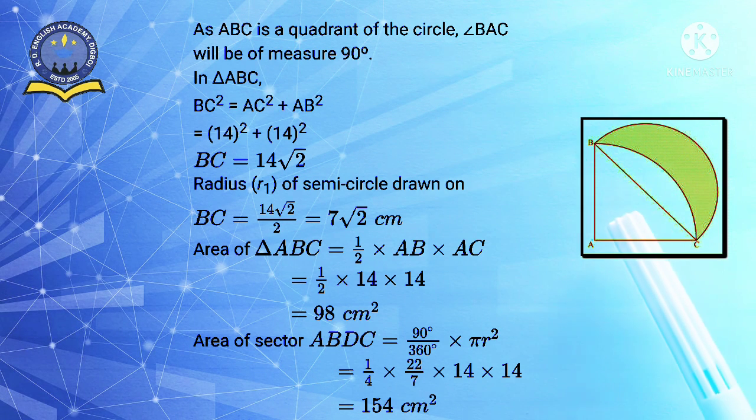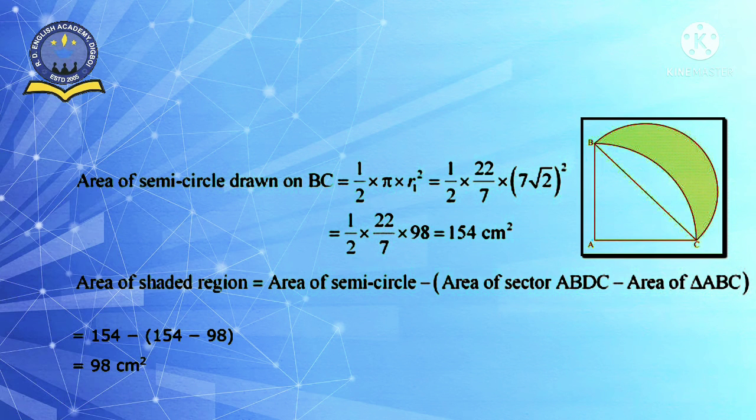Now from this sector, if we subtract the area of the triangle, we get this portion. Now we need the area of this semicircle. The area of the semicircle with respect to BC equals half of pi r square, because it is a semicircle. Pi is 22 by 7, and the radius we already found is 7 root 2, so 7 root 2 whole square.